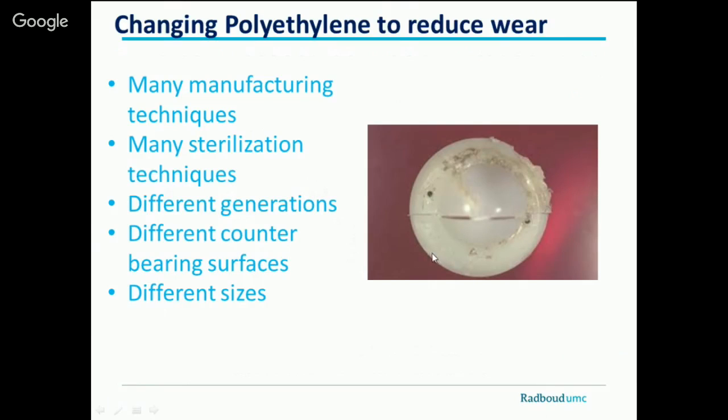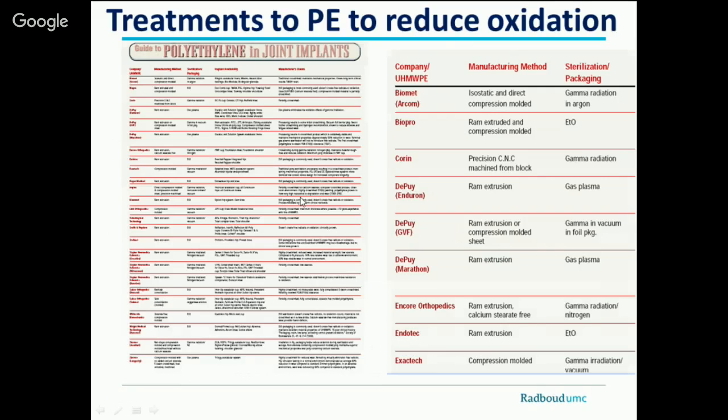So virtually all companies have been working on improving their polyethylene to get rid of the osteolysis. There are many things that you can tell about, and I also don't understand a lot about it. So this is a slide of all the companies: Biomet, BioPro, Corin, Depuy, another polyethylene of Depuy, Marathon from Depuy, Encore, Endotec, Exactech.